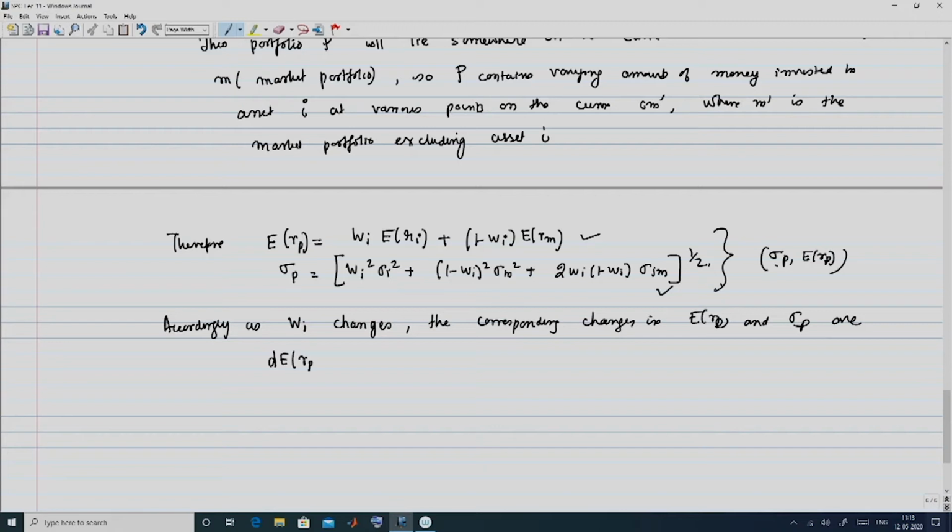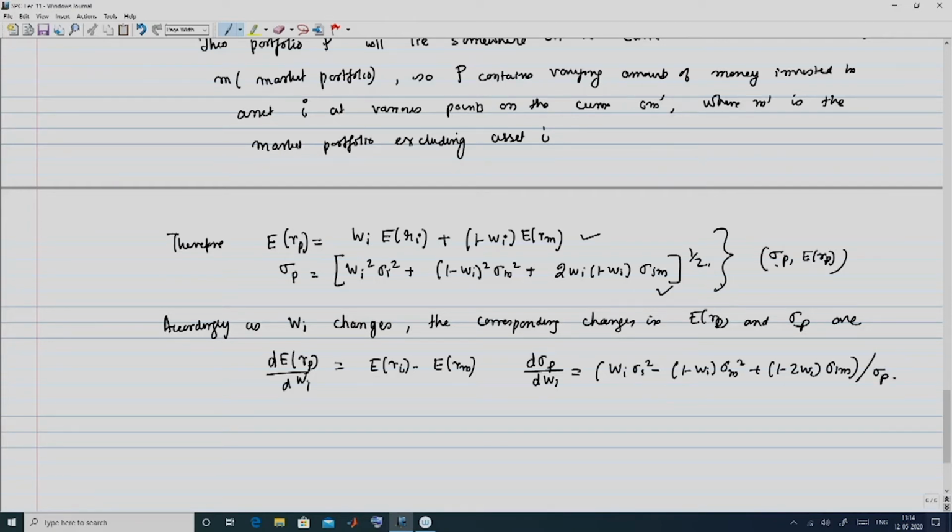This is going to be d E R P divided by d W I, and this is going to be E R I minus E R M. And for sigma P, d sigma P d W I is going to be W I sigma I square minus (1 minus W I) sigma M square plus (1 minus twice W I) sigma I M. So, after some algebra, you get this expression divided by sigma P. So, now we have the proportional change of the return and risk with respect to the ith asset.